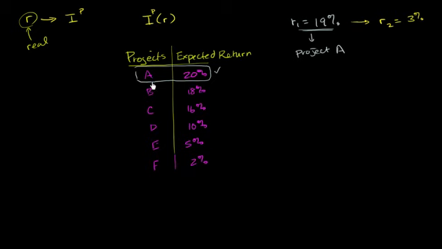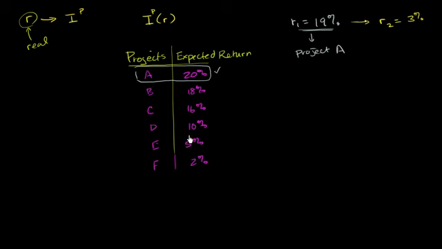If you have the money on hand, you get 20% doing project A. You definitely don't want to lend it out at 3%. If you don't have the money on hand, you can borrow at 3% and invest at 20%. And so by the same logic, people would do project B. You could borrow at 3% and make 18%. Or if you have the money, you get 18% versus 3% on your money. So you definitely do this.